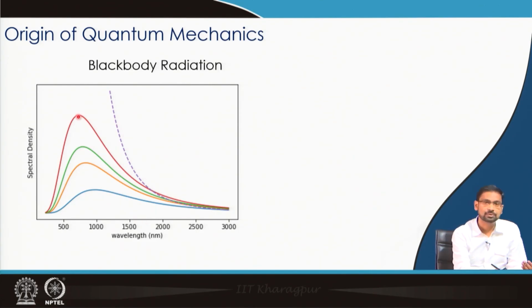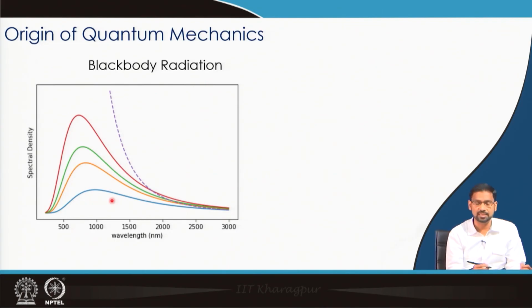The red curve that has the maximum area under it corresponds to the black body radiation at a very high temperature. As you lower the temperature, you see the green, the orange and the blue curve. The thing you should notice is that at lower temperature, the area under the curve is steadily decreasing.